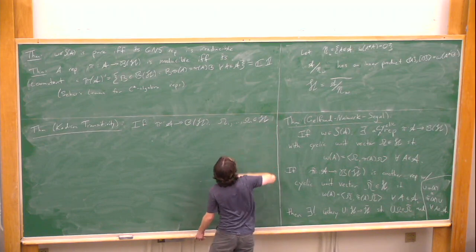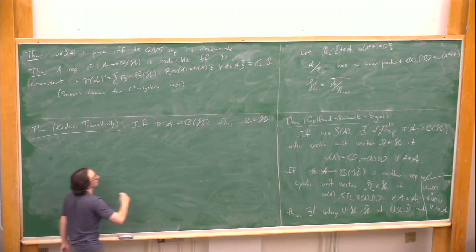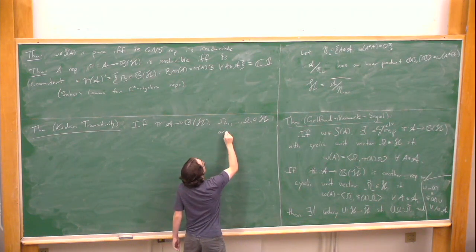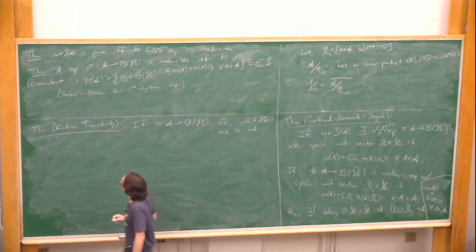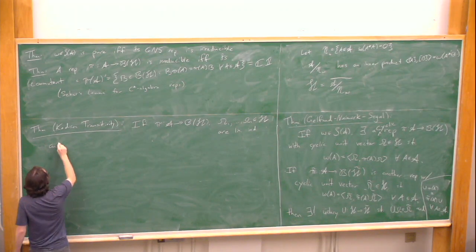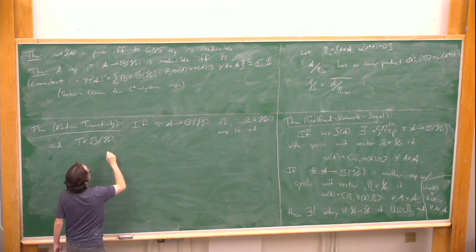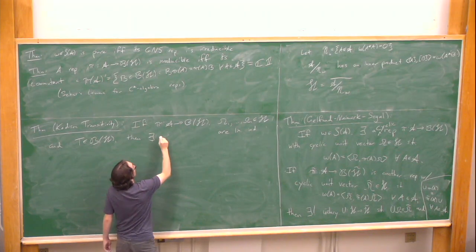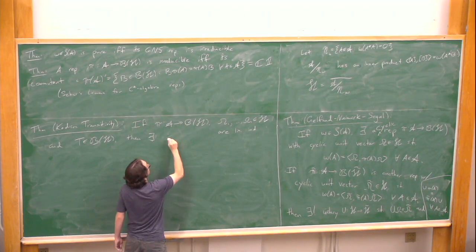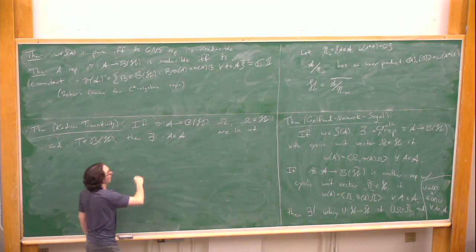These are linearly independent vectors in H. And you have an operator T in the bounded operators on the Hilbert space, then there exists A in the C-star algebra that mimics T on these elements.